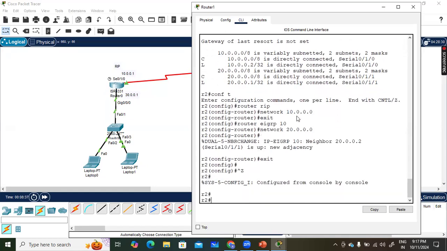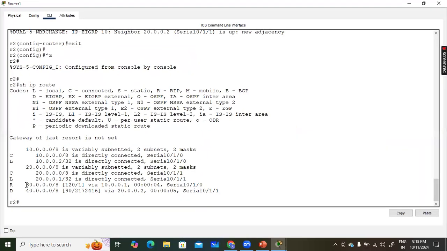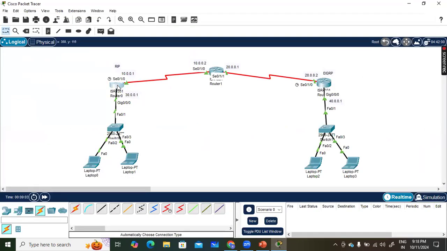Show IP route. So now can you see what is going on? That 30 has been learned via RIP and 40 has been learned via EIGRP. Is it clear? Yeah, what we have just discussed. See, let's go to router 1.